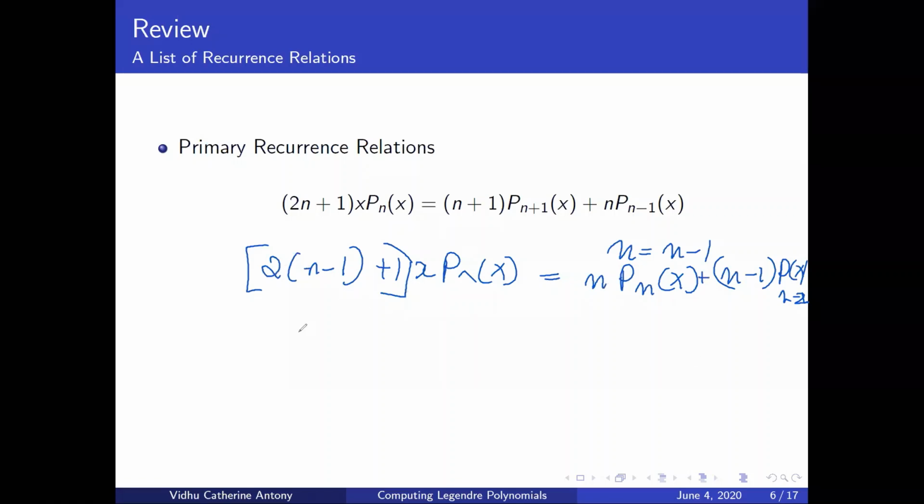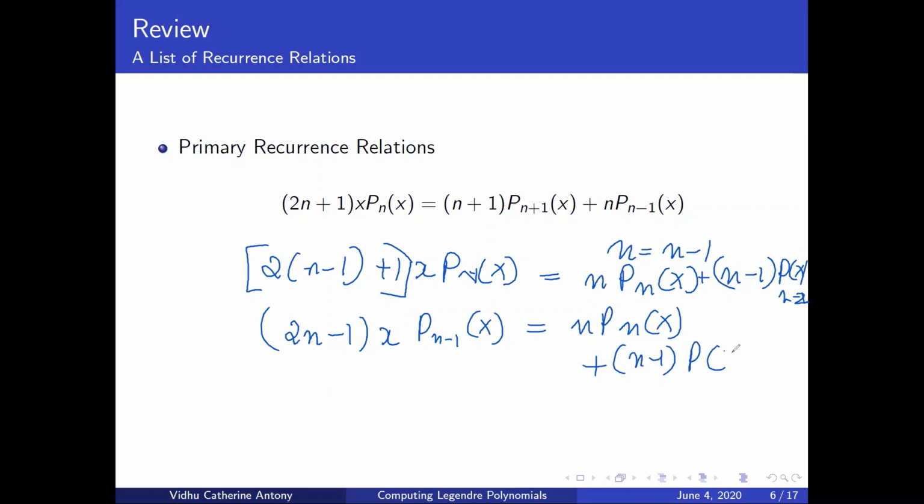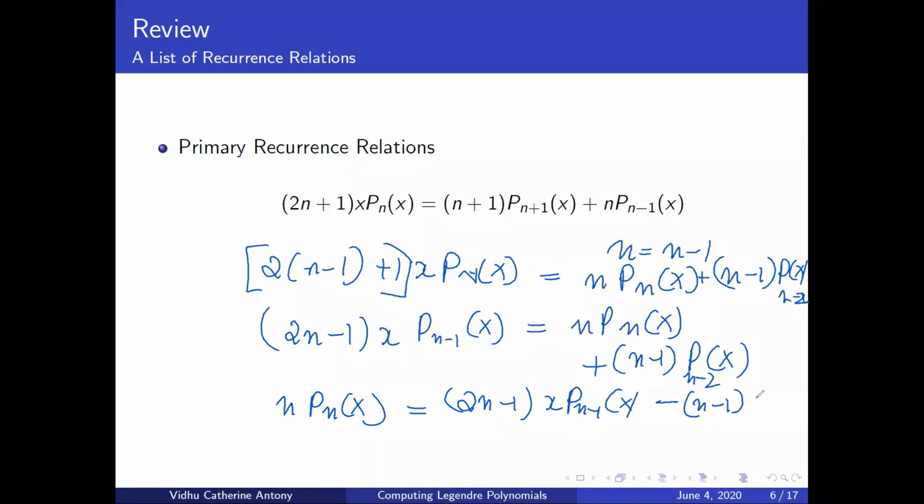So now what do you get here? You get a 2n minus 1 x. This is Pn minus 1 of x. And you get n Pn of x is equal to 2n minus 1 of x Pn minus 1 of x minus n minus 1 Pn minus 2 of x.